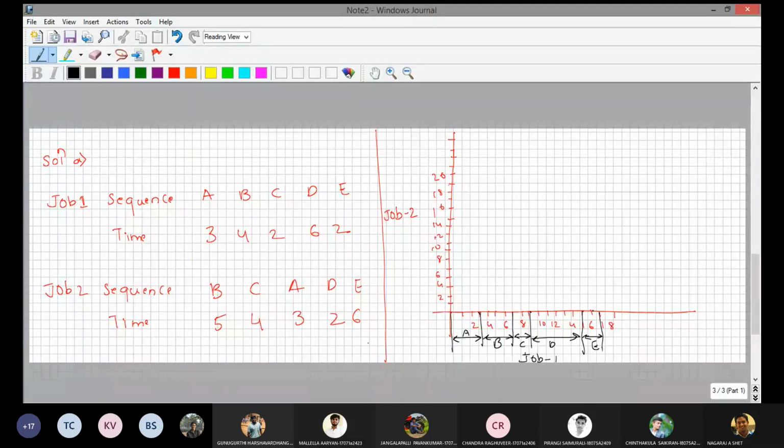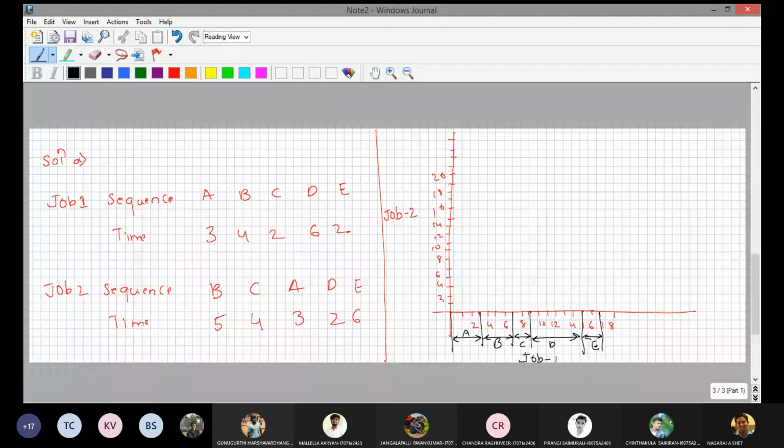Please see carefully when I solve. For the first step, draw a set of axes in a rectangle, where the x-axis represents the processing time, and for job 2 it will be idle time. The remaining ones will be idle time.